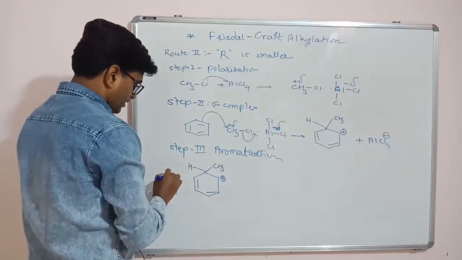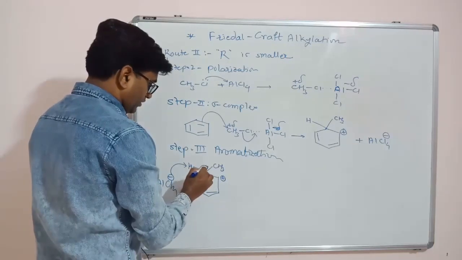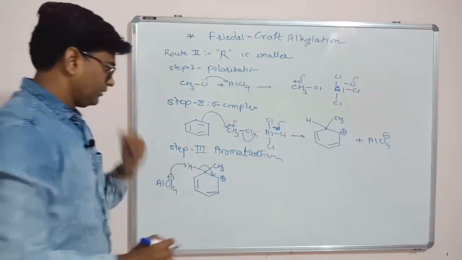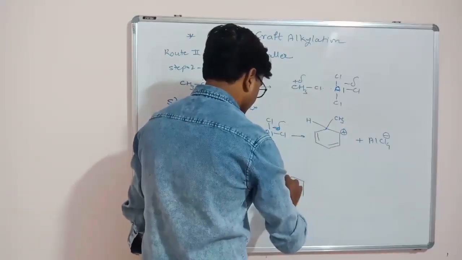This minus charge will attack on this hydrogen. This sigma bond will break, sigma bond goes over here, so this single bond will be double. So we will get this product.